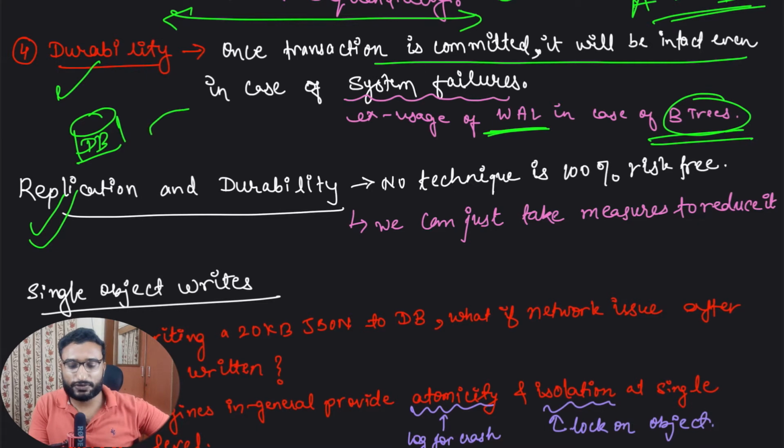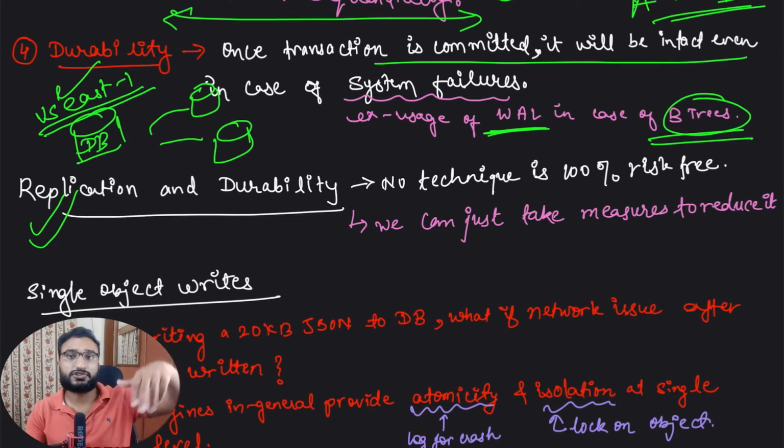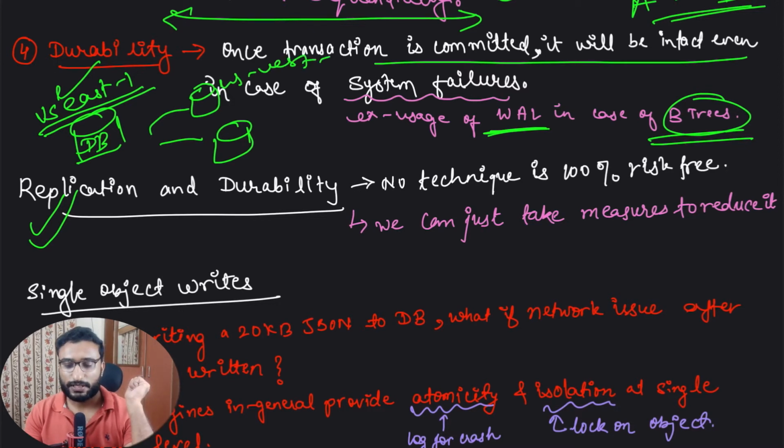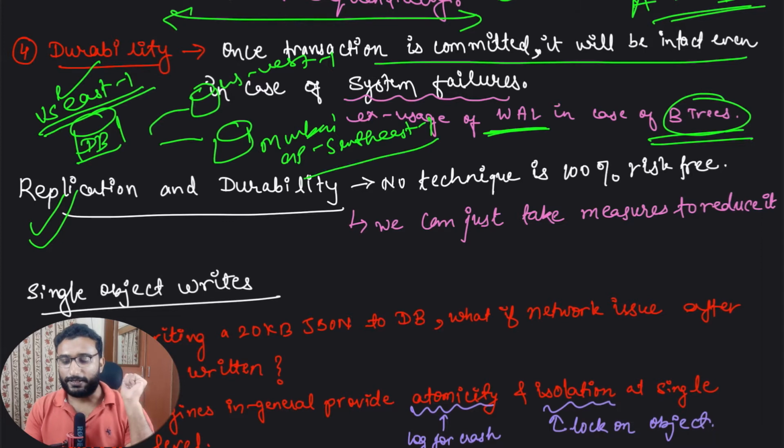So to make it durable, what you did, you replicated this data to multiple places. Let's say this is in my US East 1 region. Now you also store this data into multiple places. Let's say US West 2 and one is Mumbai. मुंबई का रीजन कौन सा है? AP South East 1 I think.